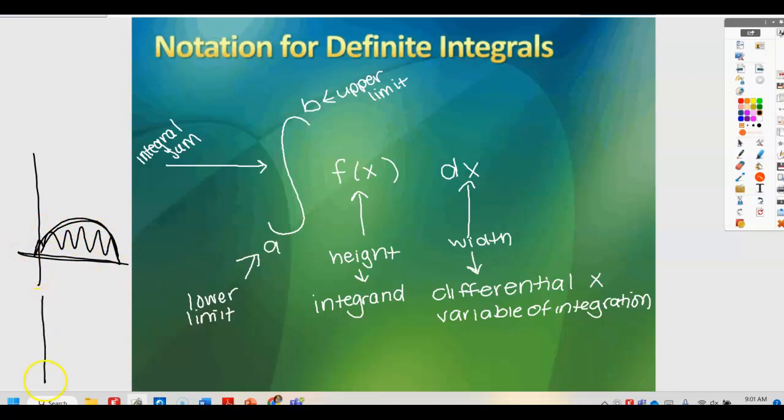If we integrated with respect to y, we'd be finding the area of the curve with respect to the y-axis. So that's why it's important to know: is it dy or is it dx? If it's dy, you have to solve x equals blah, blah, blah, not y.